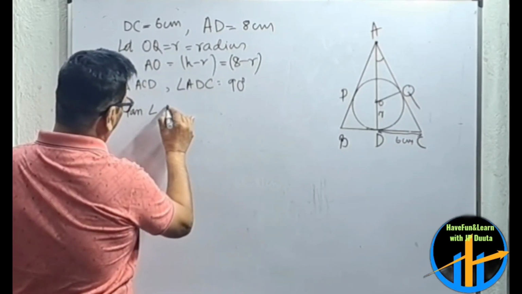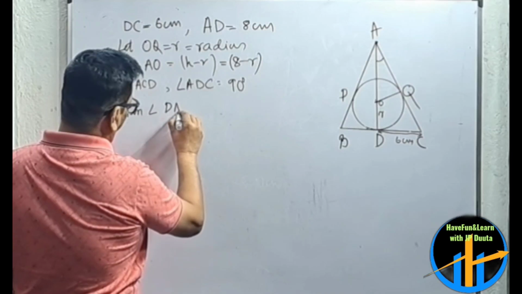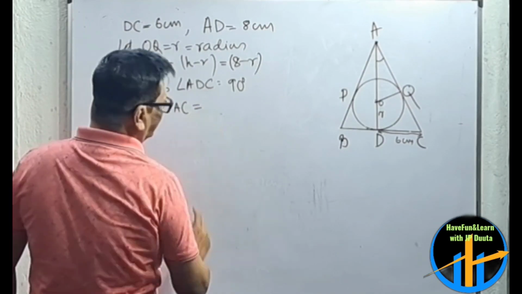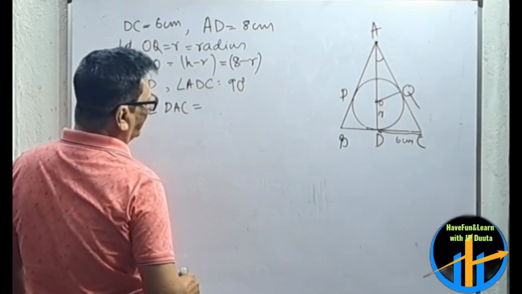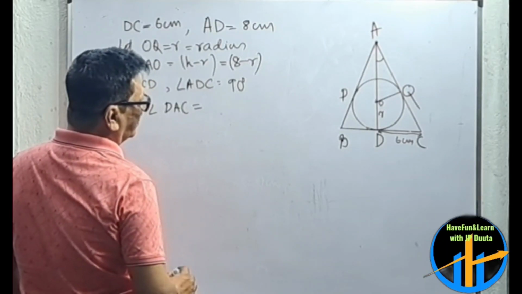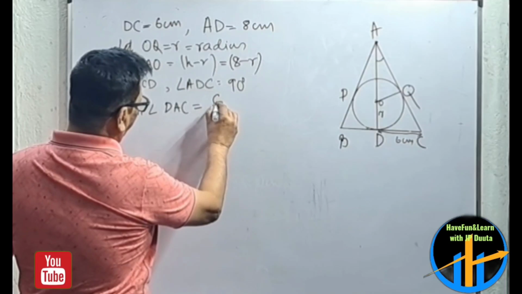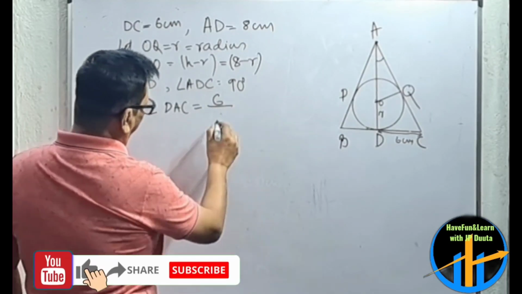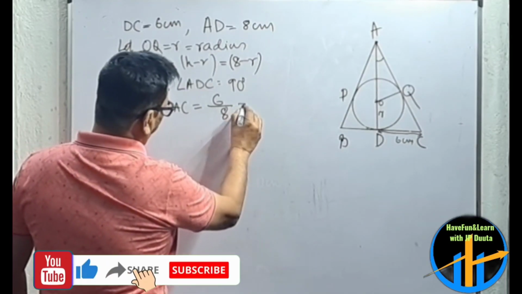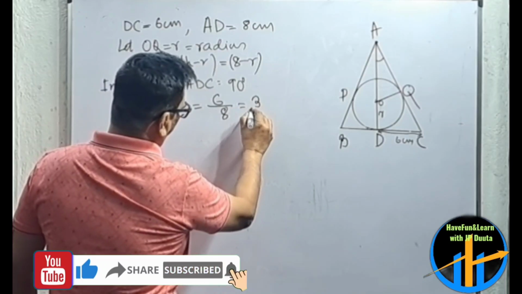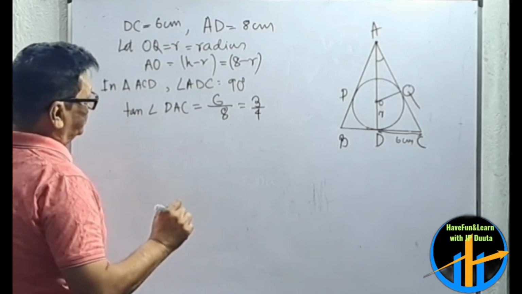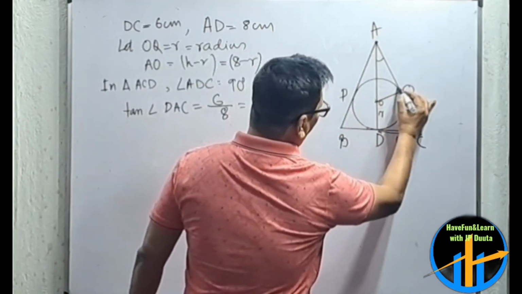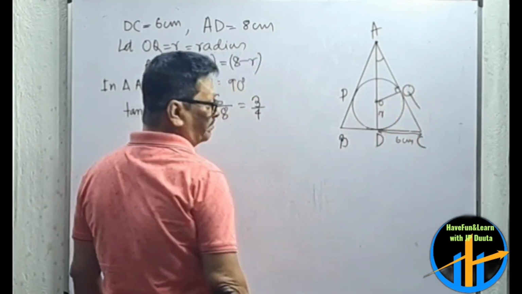Tan angle DAC is equal to 6 by 8, which is 3 by 4. Right. Now also see, this is also right angle because it is a tangent.